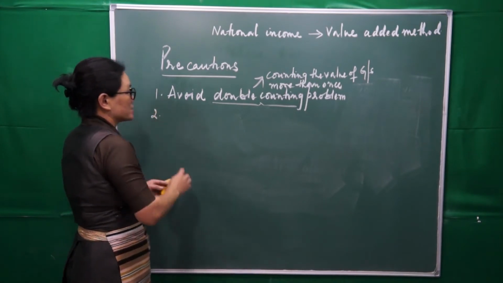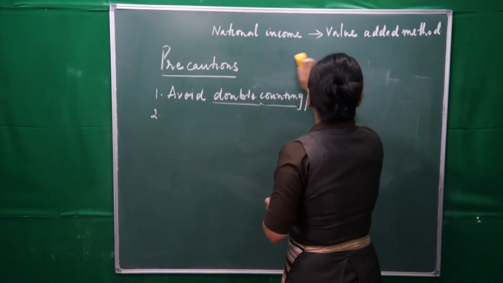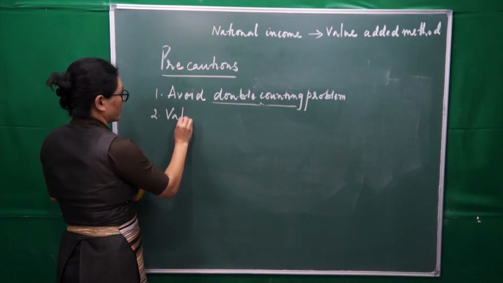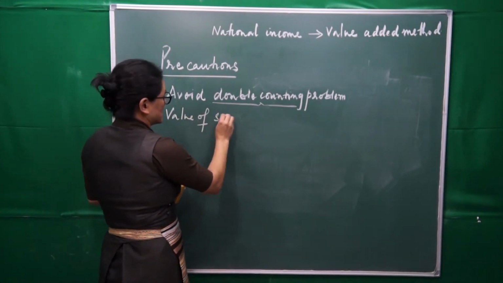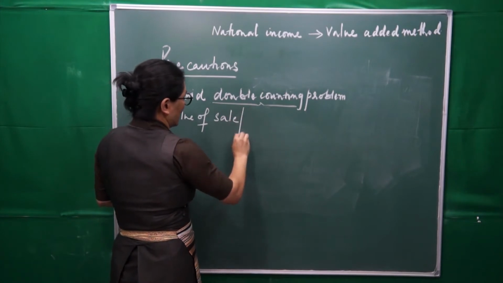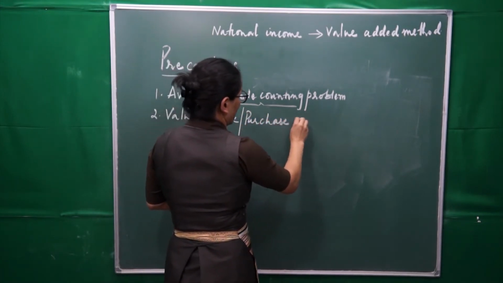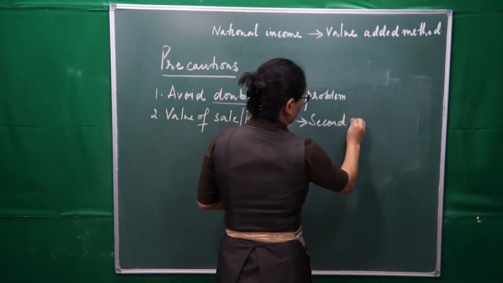Now the second one is the value of sale and purchase of second-hand goods.